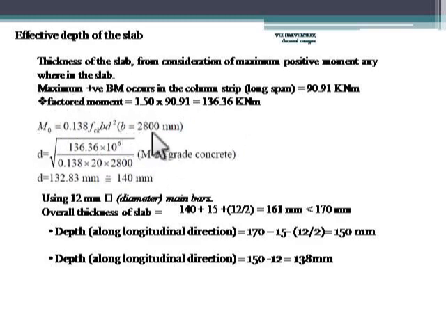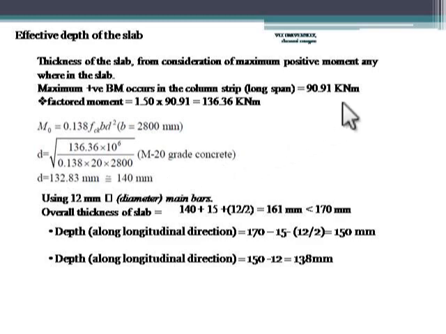From this formula, where B is taken as 2800, in annexure G, we will get this formula. We have taken concrete grade as M20, so we got d equal to 132.83 mm, approximately equal to, we have taken 140.